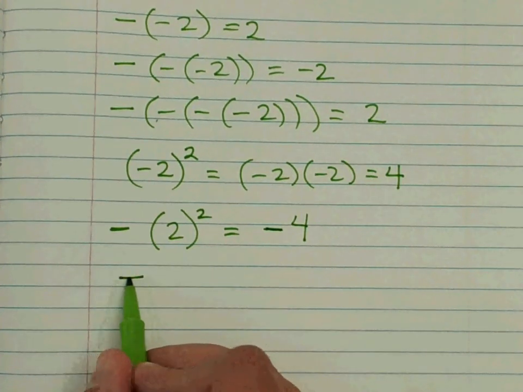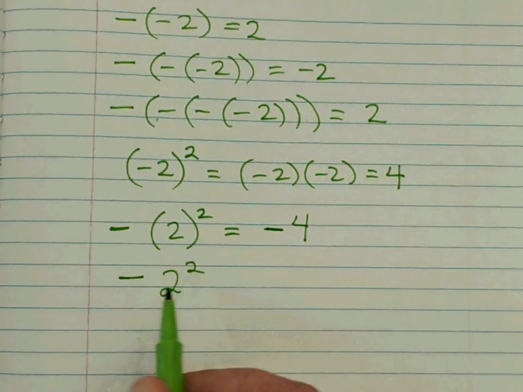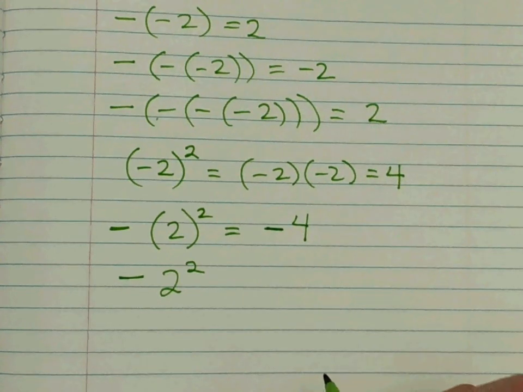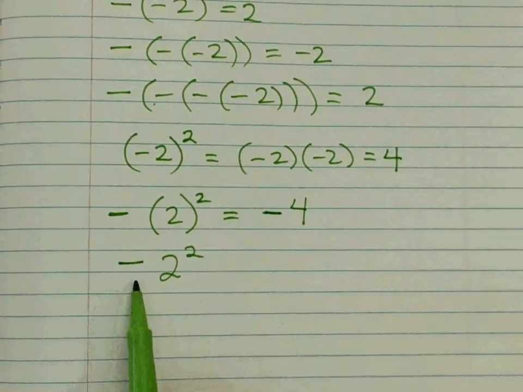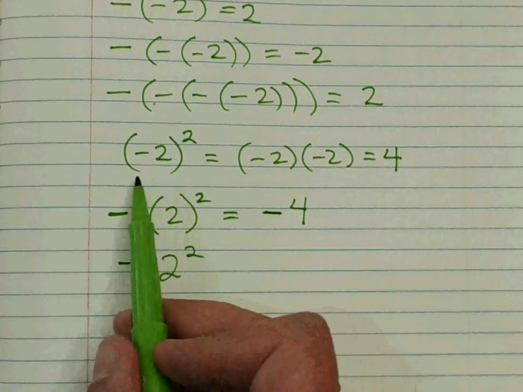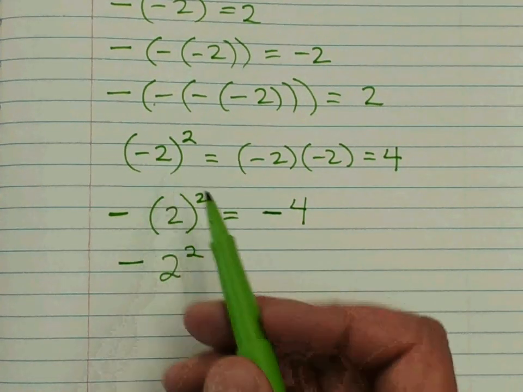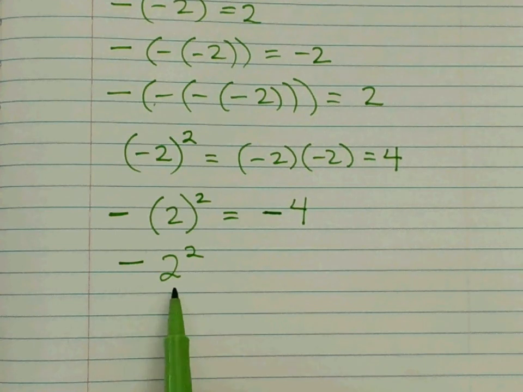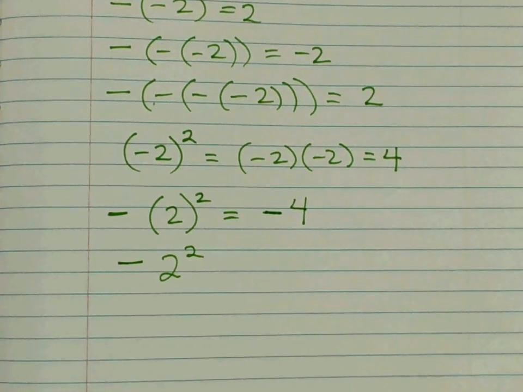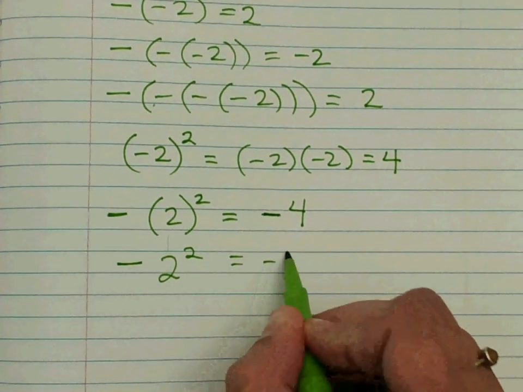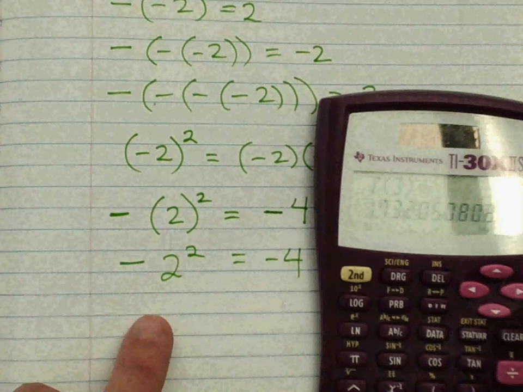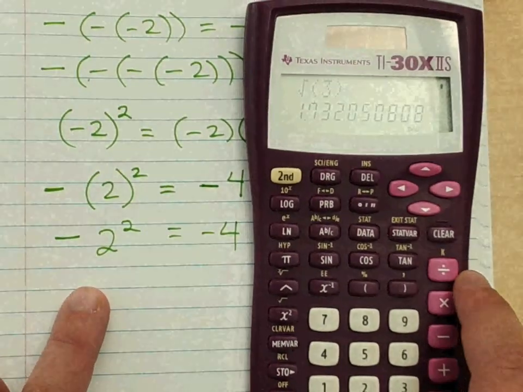If I don't have any parentheses, is the negative being squared? Is the negative being squared here? Here it is because it's inside parentheses. Here it's not, and even if you type this in on your calculator with no parentheses, this is the exact same example. This is going to be a negative 4. Try it on your calculator, okay, just to confirm. Your calculator knows the order of operations.